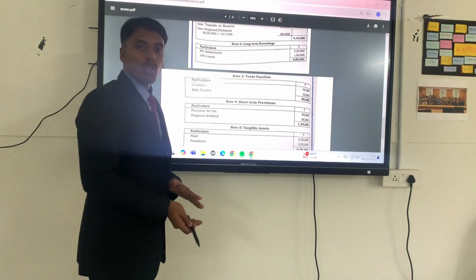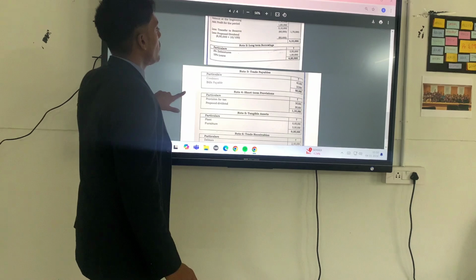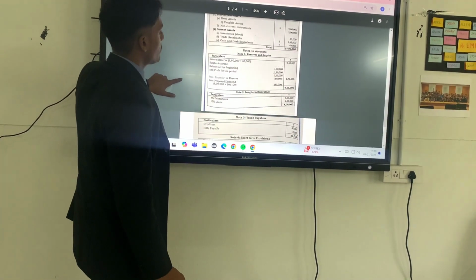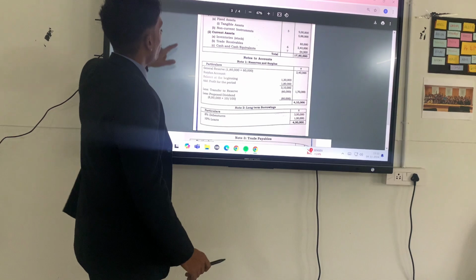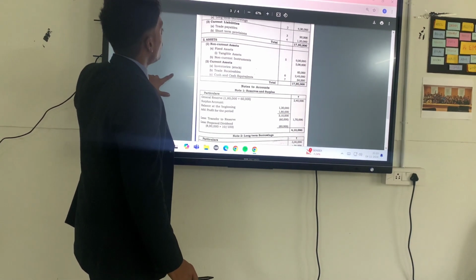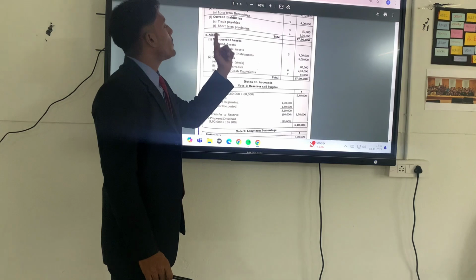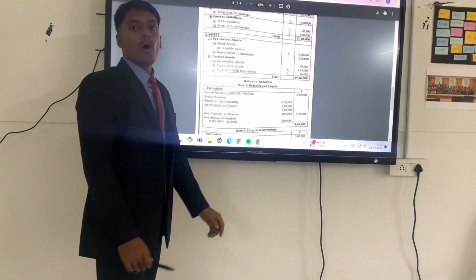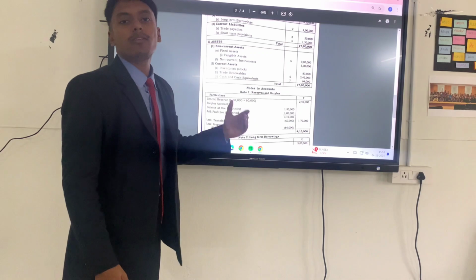Then when we add both, we get 50,000. Then we can move on to the next one, that is short-term provisions, which is 1,30,000. Now we can look at how it comes as 1,30,000.